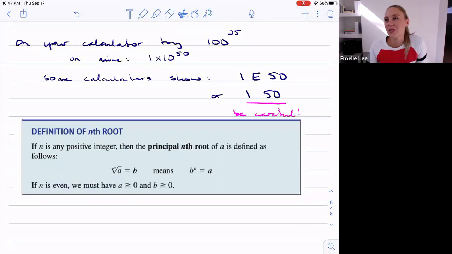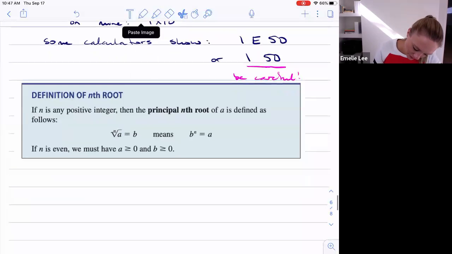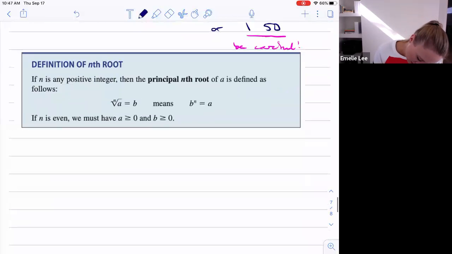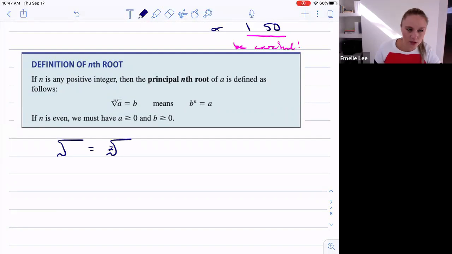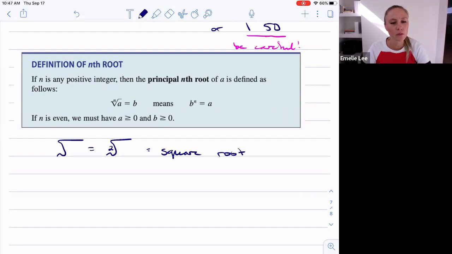We're very used to talking about the square root probably. The square root is just n equals 2, right? Or the second root. So square root is really just the second root. Okay. But we can take any root.